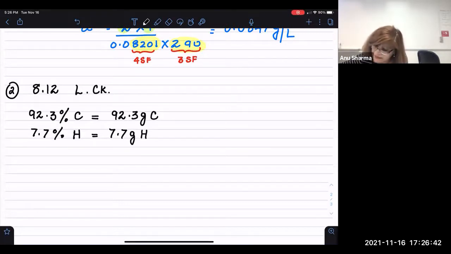Find the empirical formula. So first thing is you need to find the empirical formula.